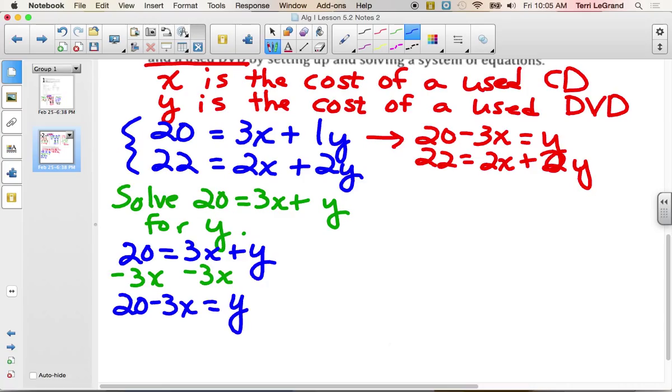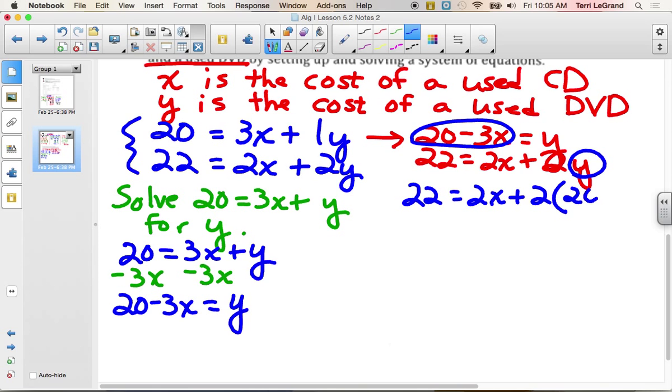Because now we're going to take this expression and put it into this equation for y. Okay, so let's substitute in. We'll have 22 equals 2x plus 2 times the quantity 20 minus 3x.